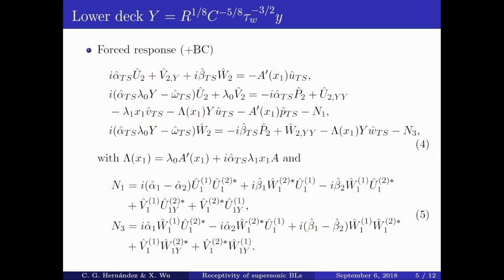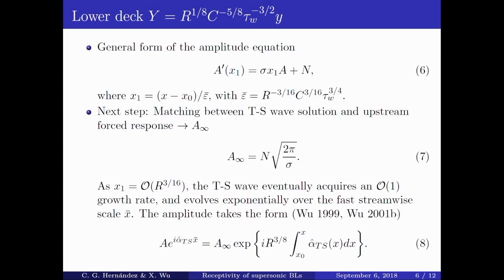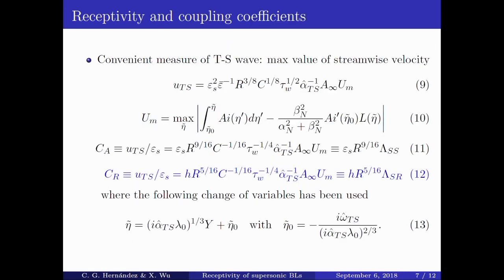From these equations for the lower deck, plus the boundary conditions, we get an equation for the amplitude, in which sigma and n are functions of the initial parameters of the problem: frequencies, wave numbers, Mach numbers, etc. By matching this TS wave solution with the upstream forced response, we get A infinity, which is related to the coupling coefficient in equations 11 and 12 for both the sound-sound interaction and the sound-roughness interaction.